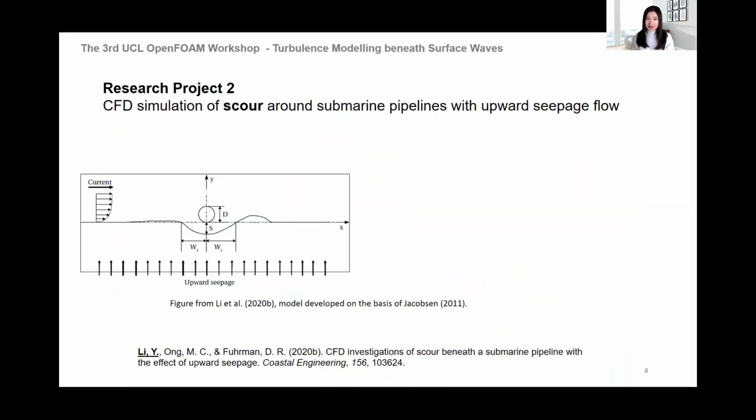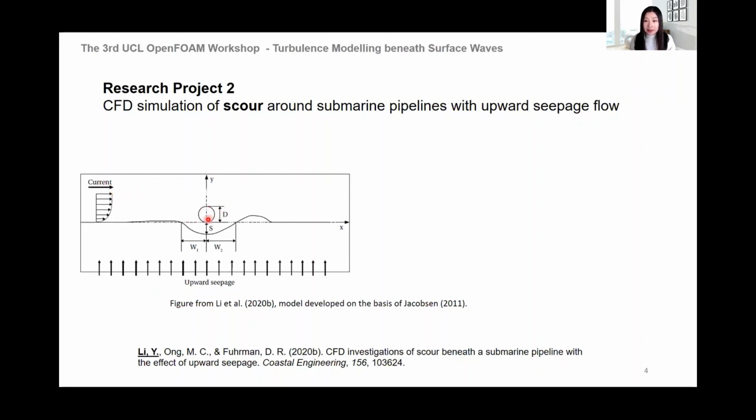The second one I'd like to share is about the CFD simulation of scour around submarine pipelines with upward seepage flow in the soil. We have mentioned the scouring problem around subsea structures, and this model considers the current or the waves passing a pipeline.